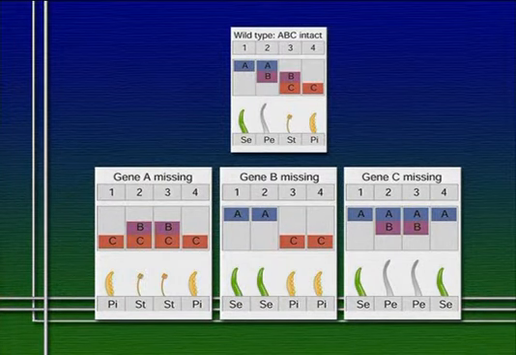And the interesting fact is that when you actually look at these mutations, the combinations of organs and their position in the mutant plant are exactly what are predicted by this distribution of gene products.